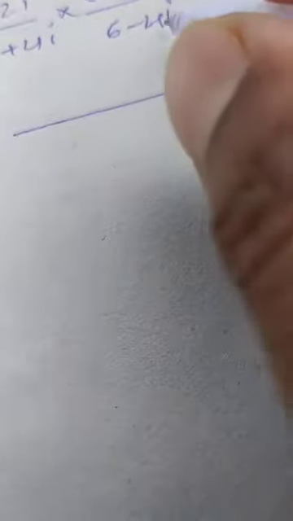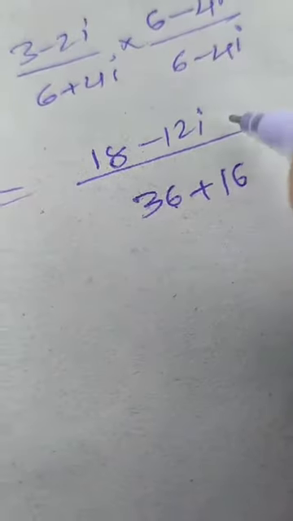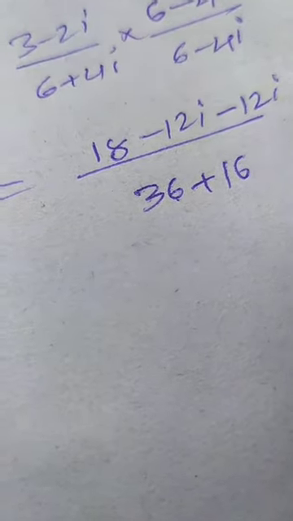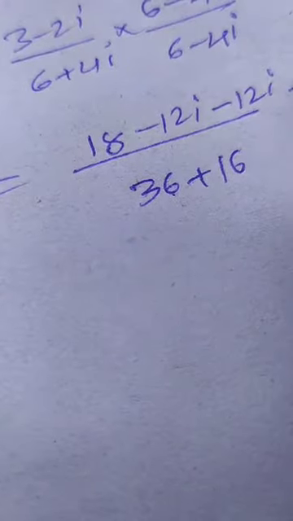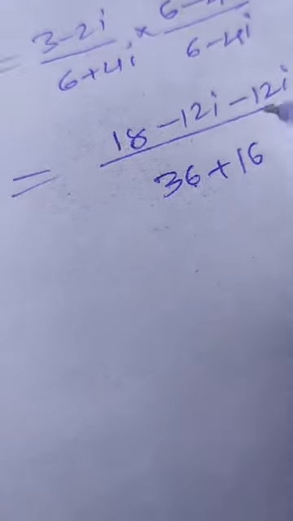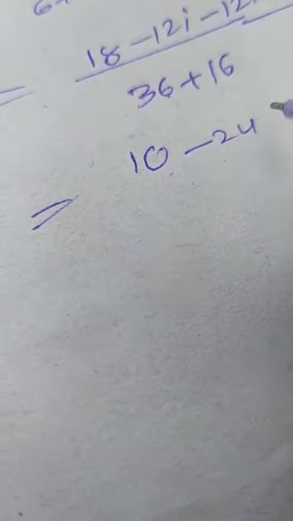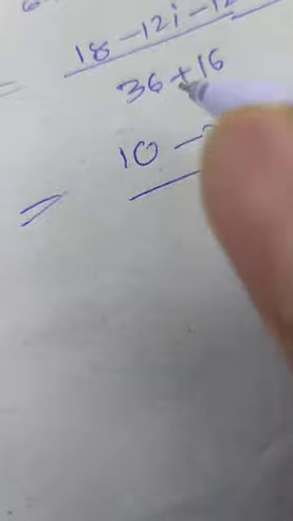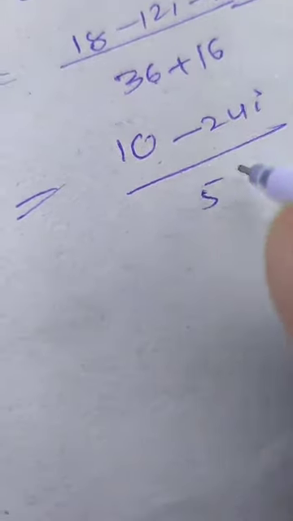So here 6 plus 4i into 6 minus 4i, 36 plus 16, that is 52. Numerator: 18 minus 12i minus 12i minus 8i square, so 18 plus 8, that is 26... 26 minus 24i by 52.